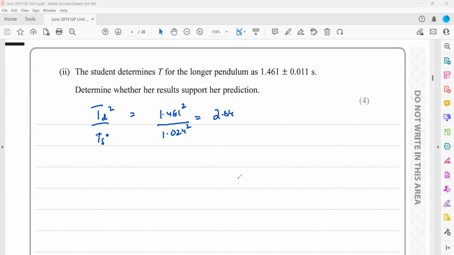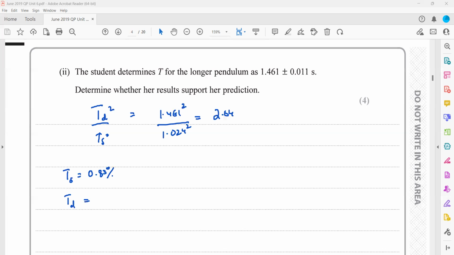Now we'll find the percentage uncertainty. Whenever quantities are divided or multiplied, first you find the percentage uncertainty and then add to get the total percentage uncertainty. What was the percentage uncertainty in TS? That was 0.83%. Now we'll find the percentage uncertainty in TD.